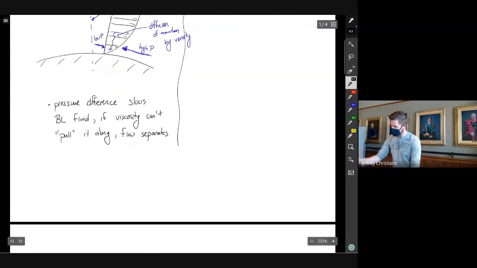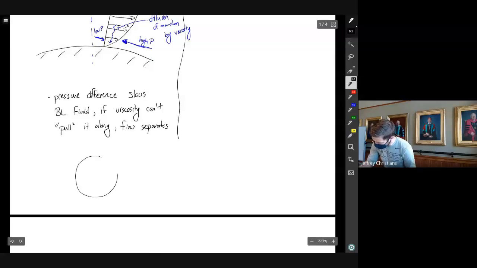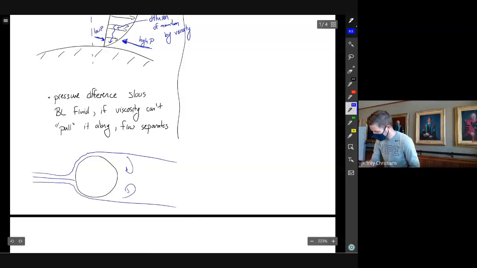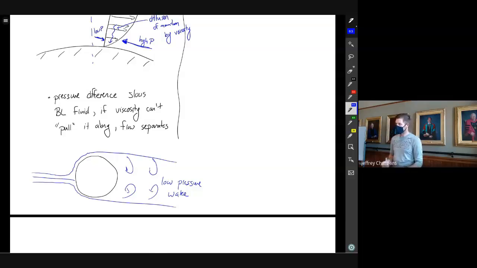So what we have in that case, again, we drew this last time, but we have our ball and we have the flow separating, and we get a low pressure wake behind our object, and we get boundary layer separation occurring basically at the poles of the object.